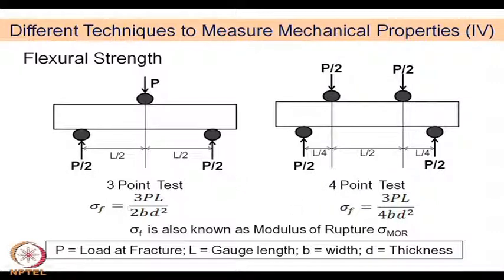In the 3-point bend test, you have this expression: sigma fracture is equal to 3 P L by 2 B D square. P is again this load which you have shown here, L is the gauge length, and P is the load at fracture, so it becomes the fracture stress.